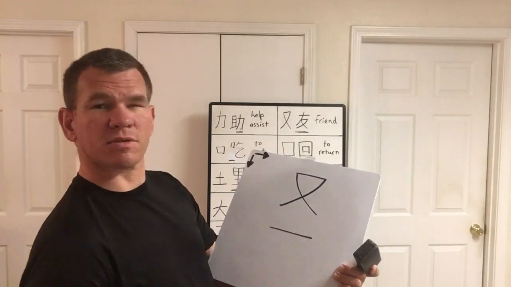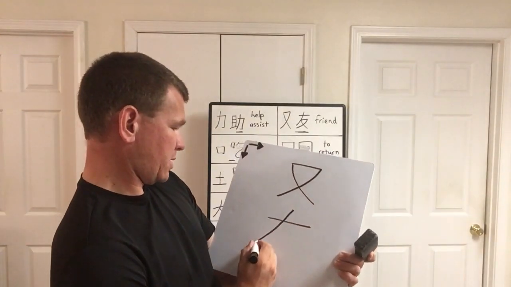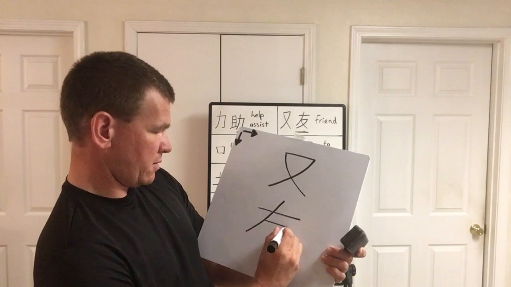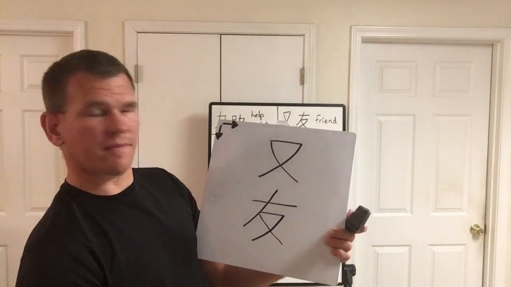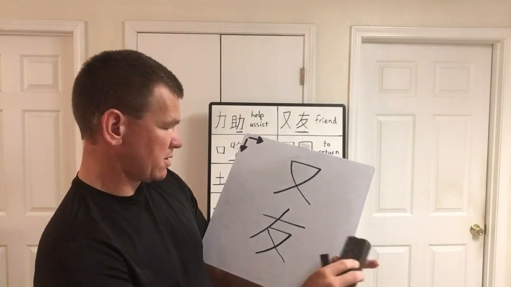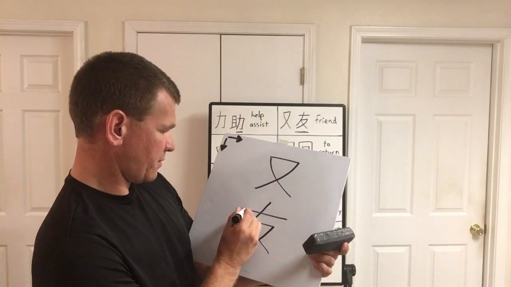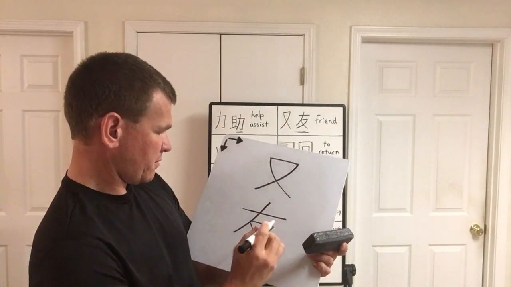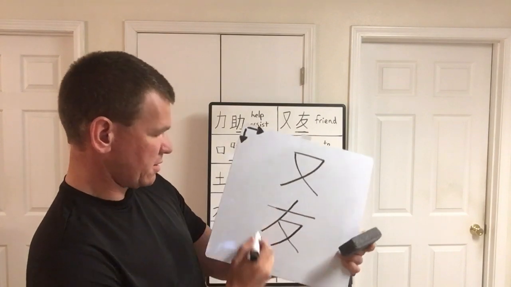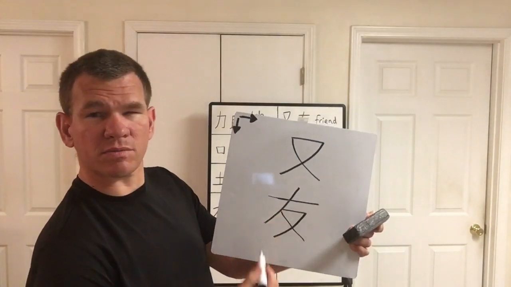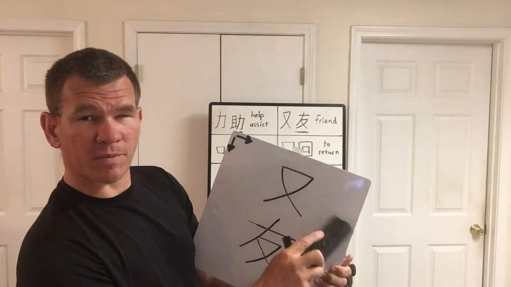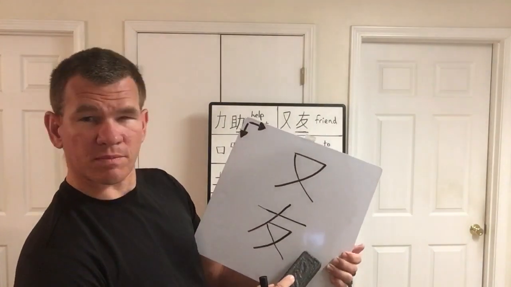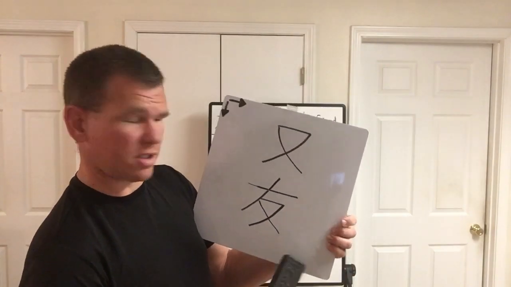So first stroke, second stroke, third stroke, fourth stroke. These are basically equal in line with each other. So again, the basic one on top, and the bottom one is friendship or friend.